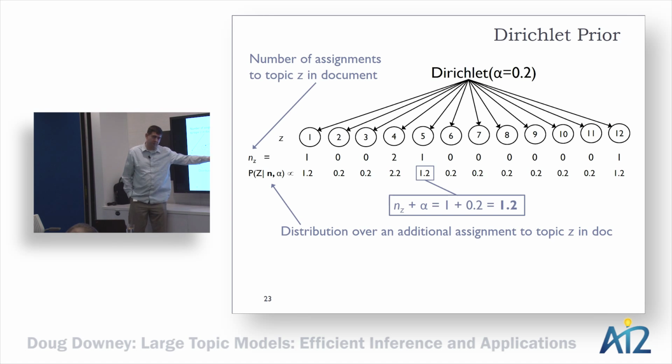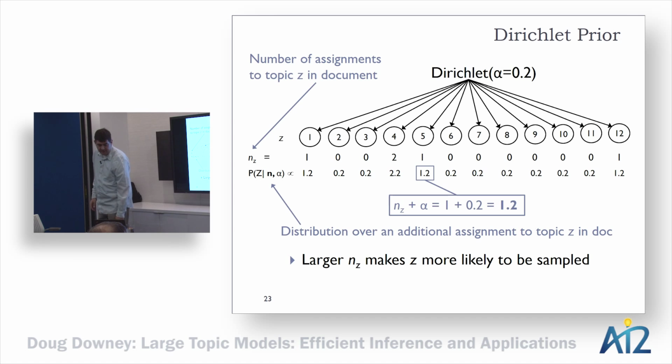Right, and where does this 1.2 come from? Well, the 1 is the count, and the 0.2 is the alpha, and that gives us a distribution. So the upshot of this is that the larger the n_z is, so the larger the count that we've observed in the current state of the sampler, the more likely something is to be sampled.